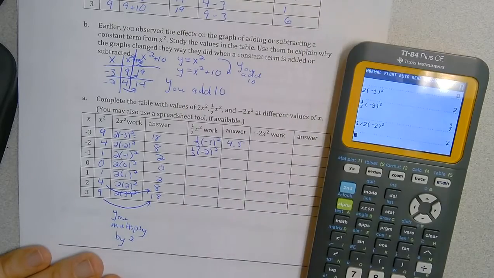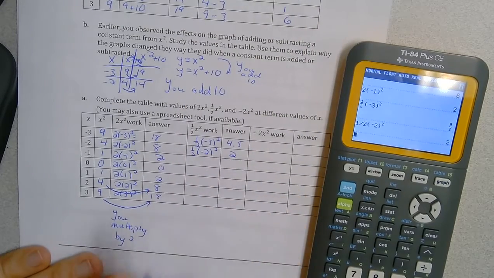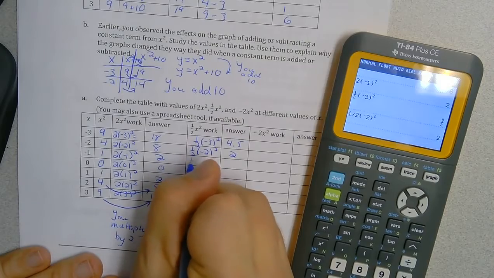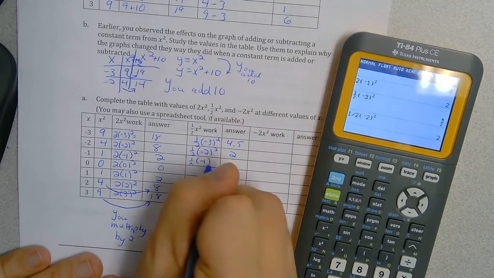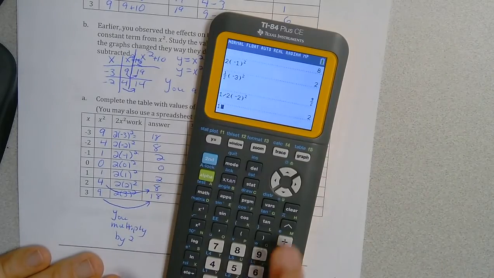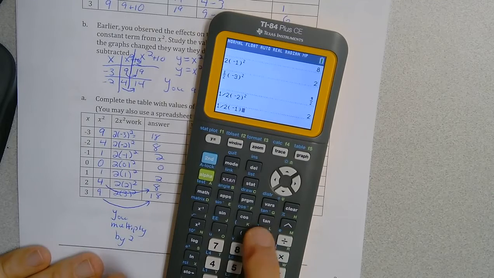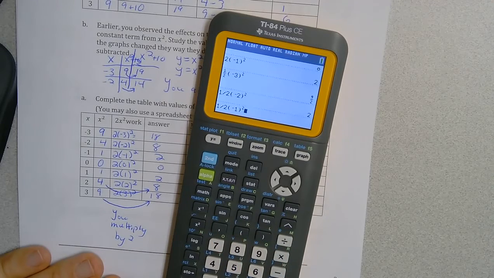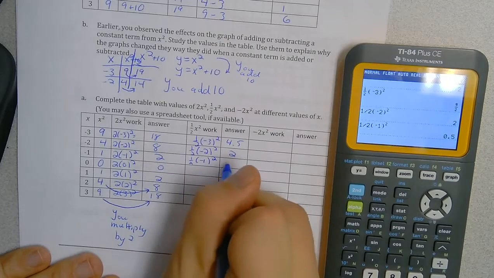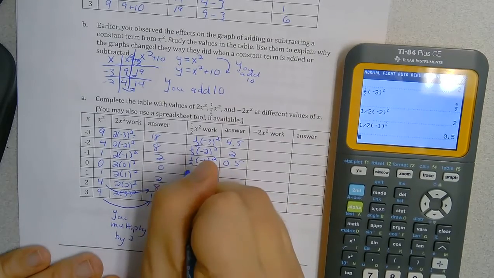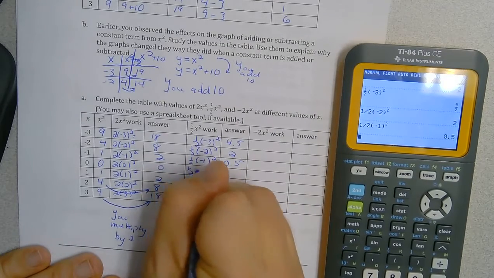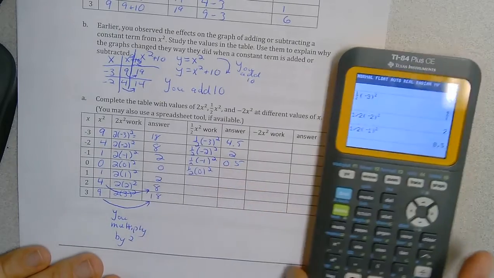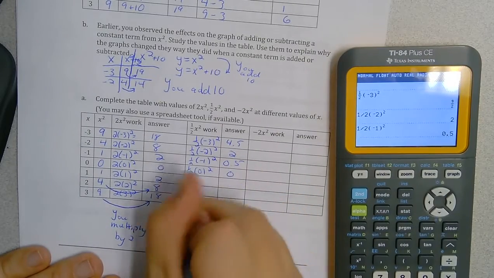So that's 2. And then 1/2 times -1 squared, and I got 0.5. And then 1/2 times 0 squared is 0.